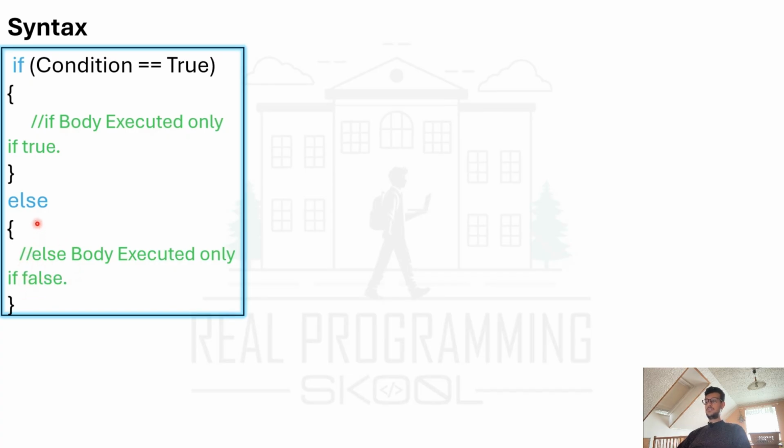So if the condition is true, the compiler will go to the if body and execute the code that exists inside it. If the condition is false, the compiler will escape the if body and go directly to the else body, and will execute what is inside the else body only if the condition is false.